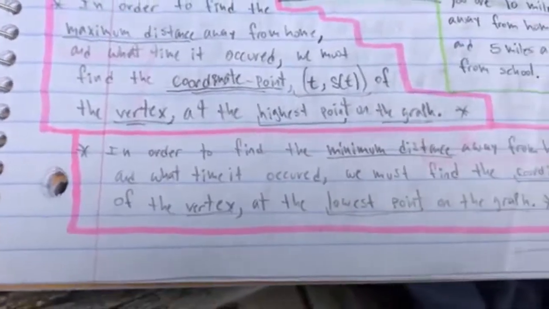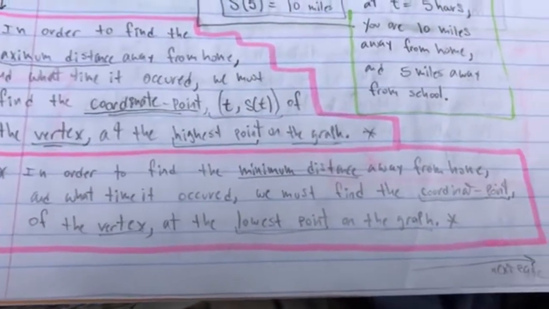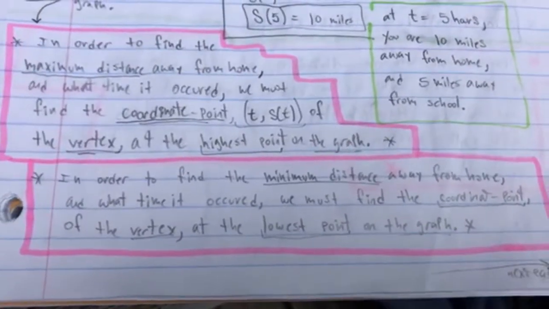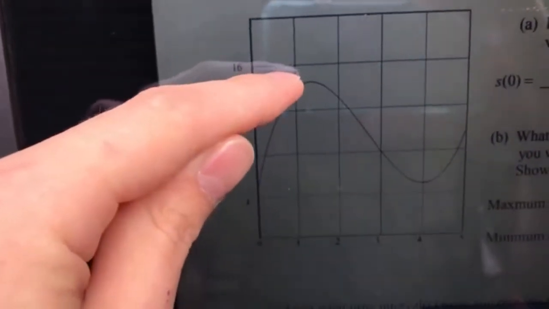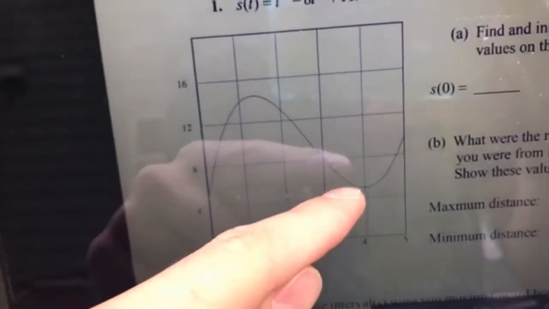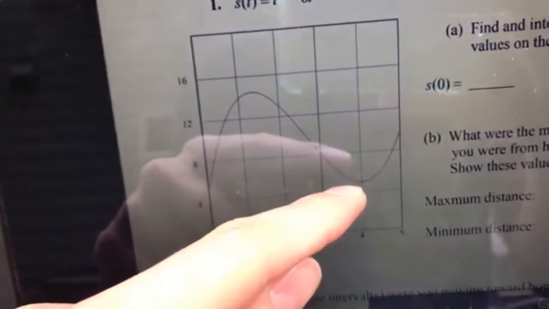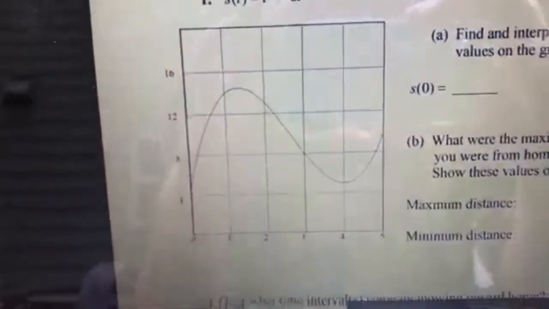In order to find the minimum distance away from home and what time it occurred, we must find the coordinate point of the vertex at the lowest point on the graph. So we need to find the highest point, the vertex here, which is the farthest distance away from home, and here's the lowest vertex, which is the minimum distance from home, the closest distance you are from home.